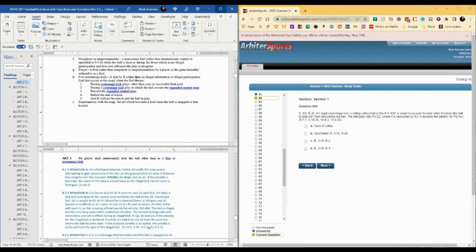It's a foul by R, so R3 kicked the ball, other than illegal substitution or illegal participation that occurs at the snap. Oh, I'm sorry, forget about that.